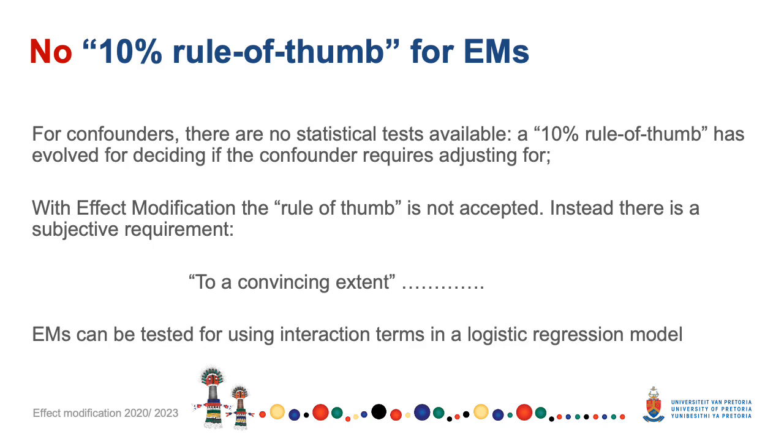So as long as it's by a convincing or appreciable extent, then we can generate an interaction term between the effect modifier and the exposure, and we can include that in our regression modeling or regression analysis, and if that term is significant, then we've shown that effect modification probably exists. And in that case, we need to produce two odds ratios, one for each stratum of the effect modifier.